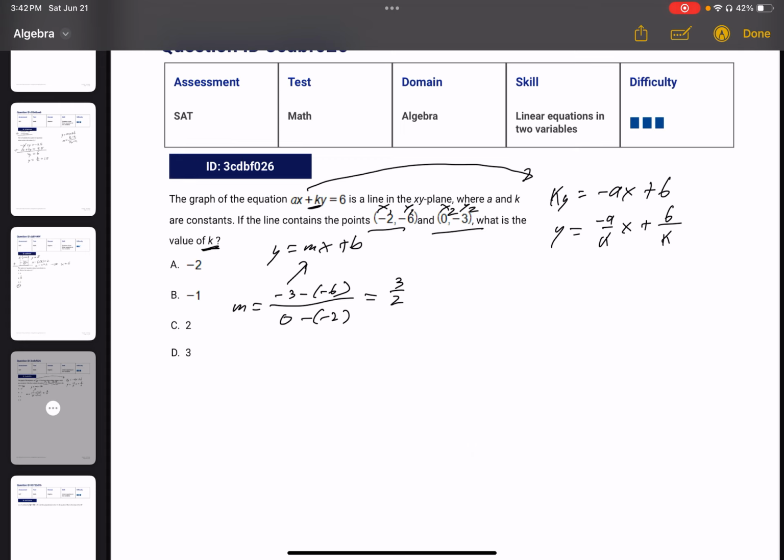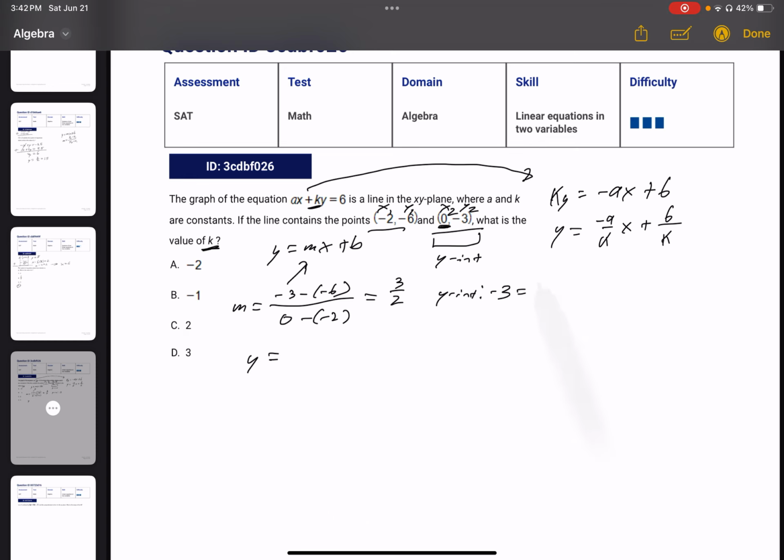And we know our y-intercept. This is our y-intercept right here, because whenever the x value is equal to 0, our y-intercept is given by the y component of the coordinate. So we have a y-intercept of -3, and we can plug that in.